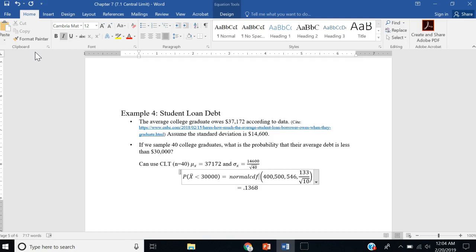We're going to take a really big negative number, like negative a million, and then take our high number as 30,000, and then put in the average, which is 37,172, and then put in the standard deviation, which is 14,600 divided by the square root of 40.